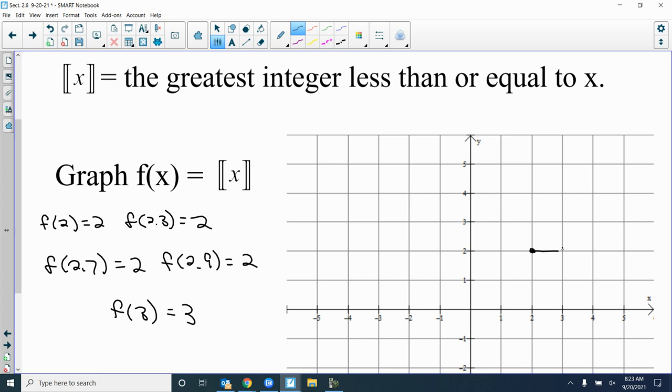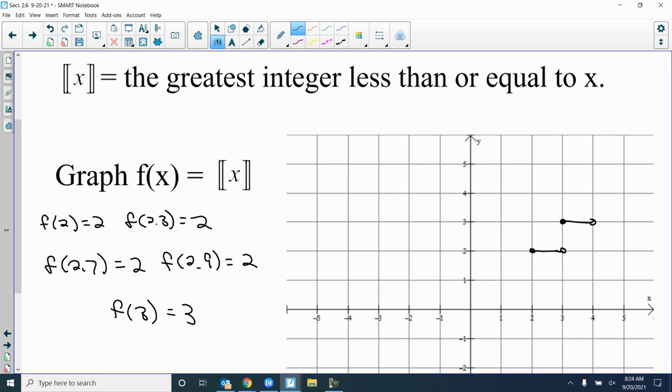But here's what happens. At 3, it jumps up to where? 3. So you have to have a closed circle at 2, 2, and an open circle at 3, 2. And then it jumps up to 3. And you'll get that same action. So it'll be that horizontal line all the way till you get to that whole number, then it jumps up.